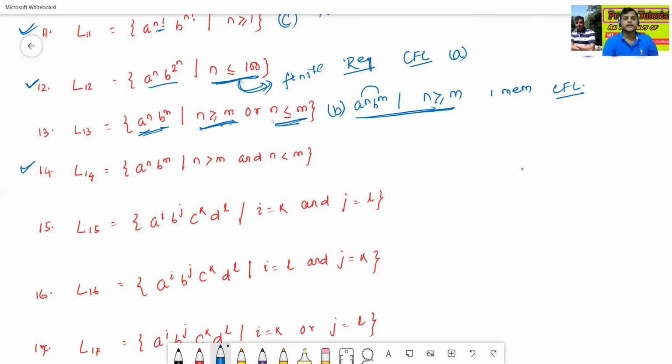13th question. L14 equals a to the power n, b to the power m, where n is greater than m and n is less than m. Remember, we cannot take both conditions at a time.